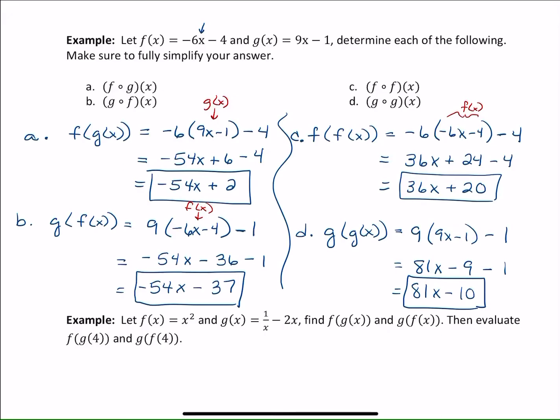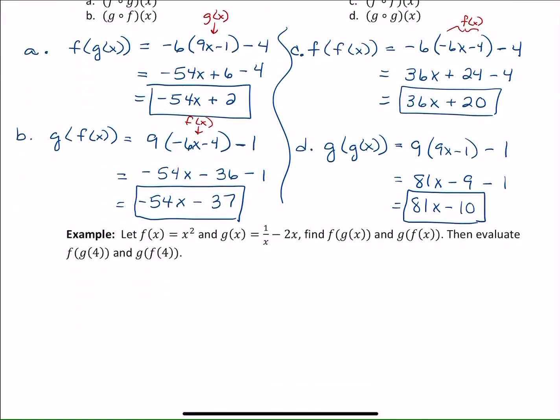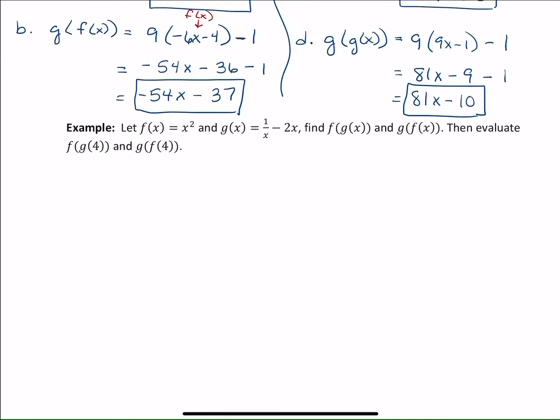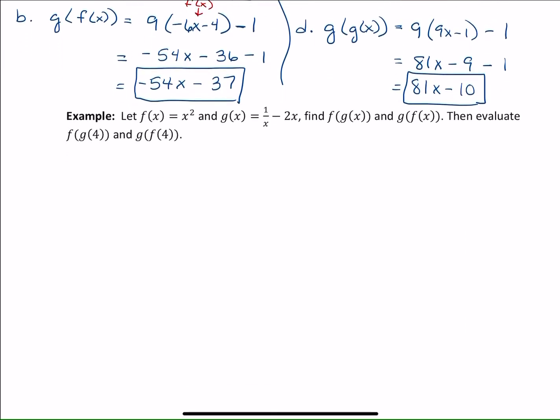So there's a couple different ways that you can be asked to compose functions. Let's look at this last example. We want to find f of g of x and g of f of x, and then again evaluate them at 4. So let's look at f of g of x first.